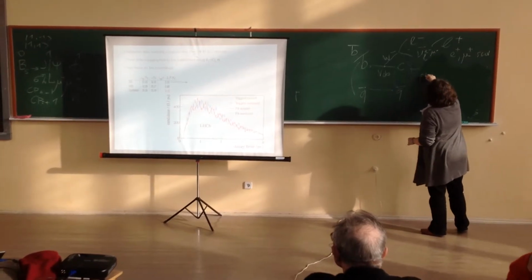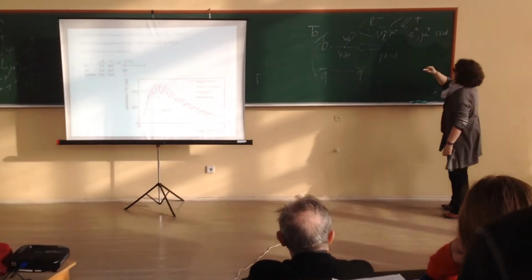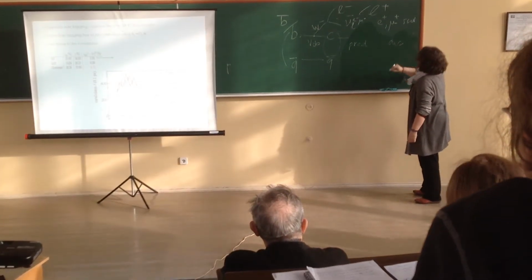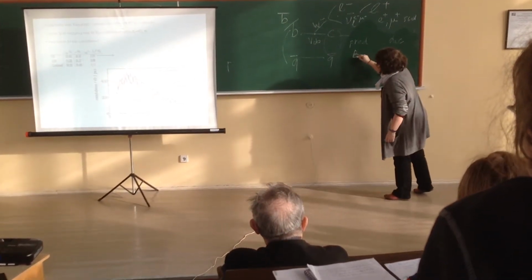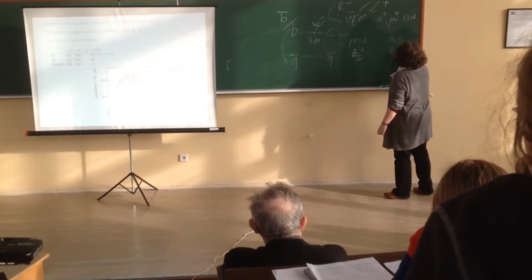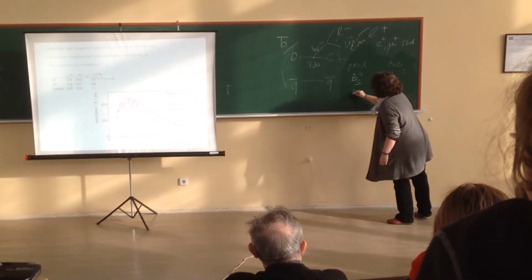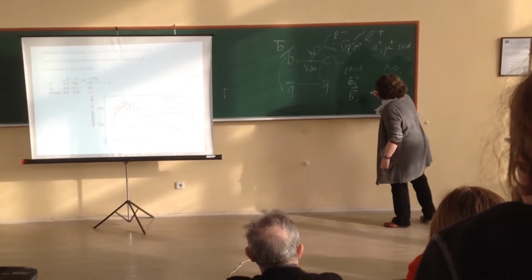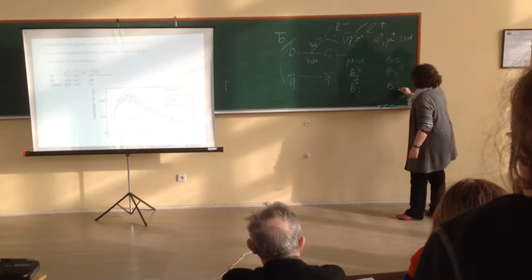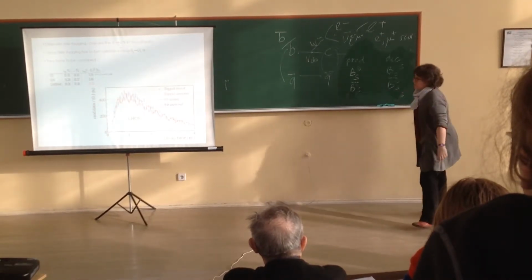So, production, you see what I write on the production and decay? If I produce a B0s and it decays as a B0s, there is no mixing. If I produce a B0s bar and it decays as a B0s bar, no mixing. This is the unmixed case.